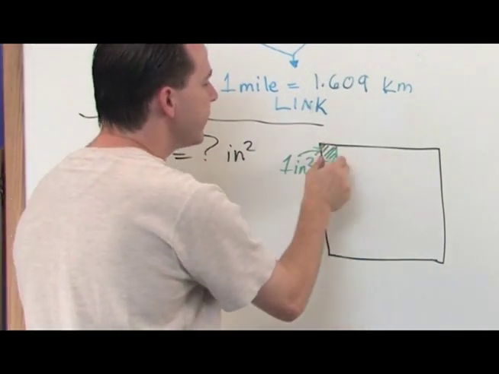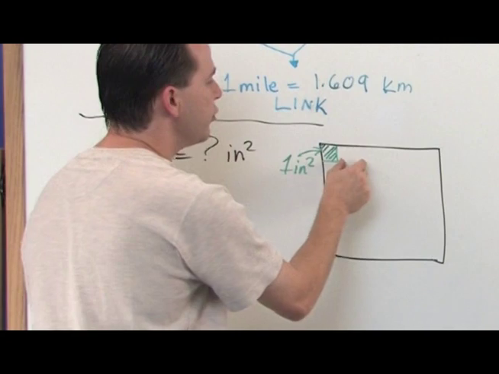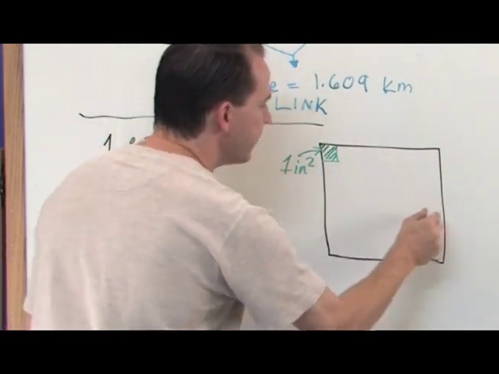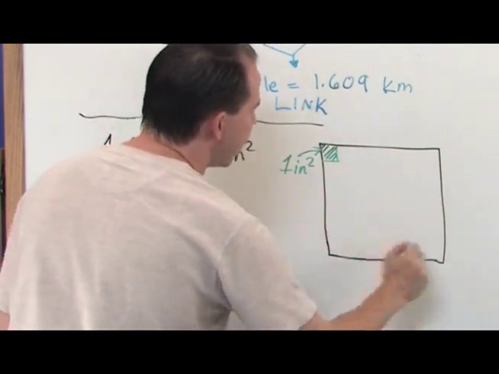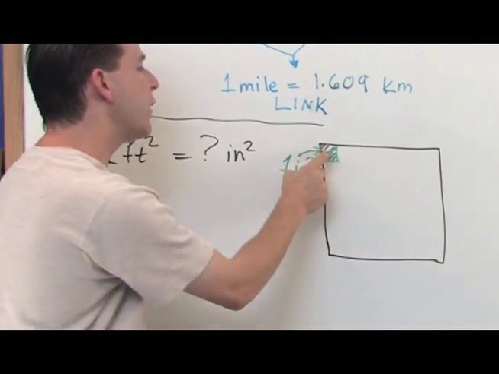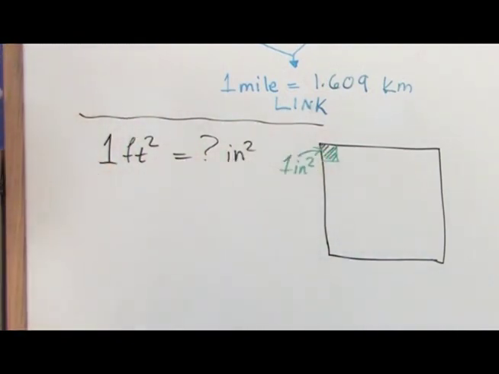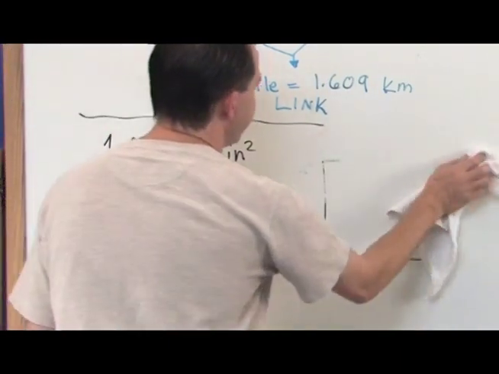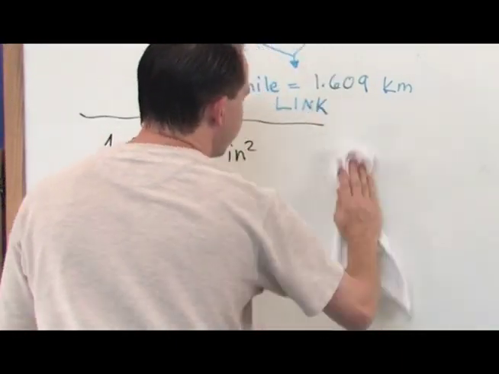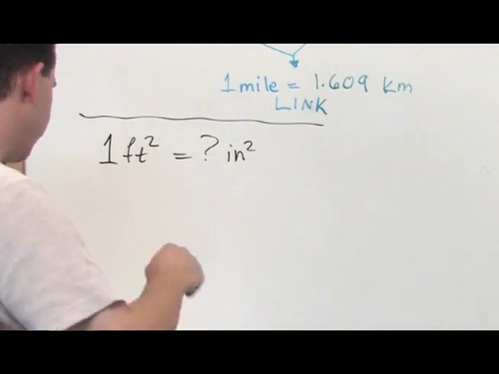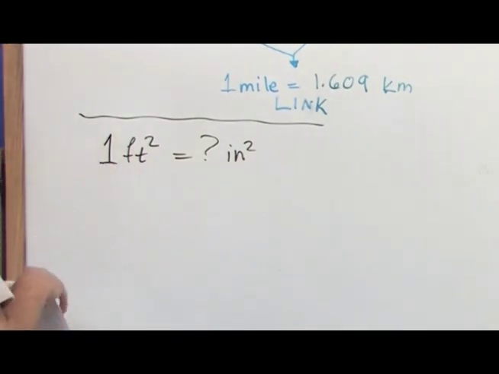You can see that you can take this little surface area of a square inch and fit a whole bunch of them inside of here, all the way down, zigzagging, and how many of those little square inches are going to fit inside of the square foot? Okay, that's exactly what we're asking ourselves here, okay? So that's just to give you a little visual overview of what you're trying to do with surface area. How are we going to actually tackle it? Well, you start out exactly how we've started out in the past.